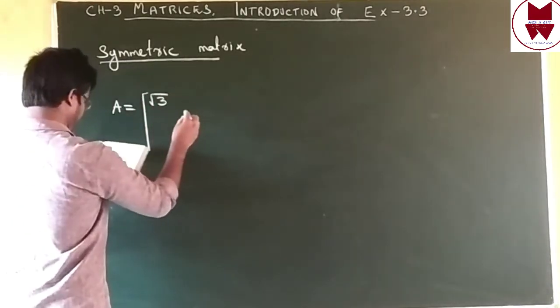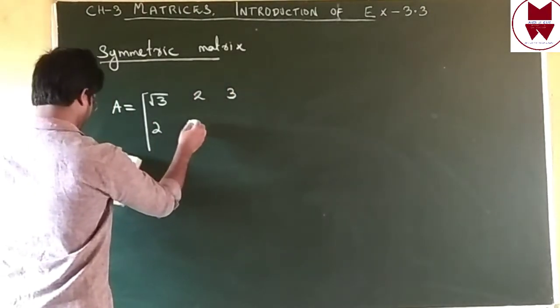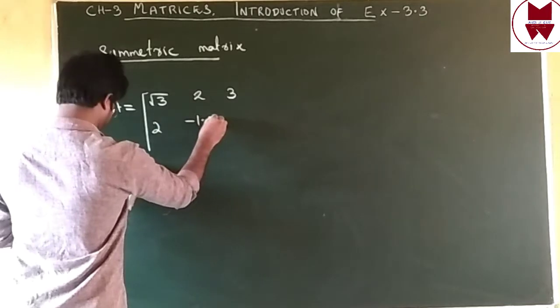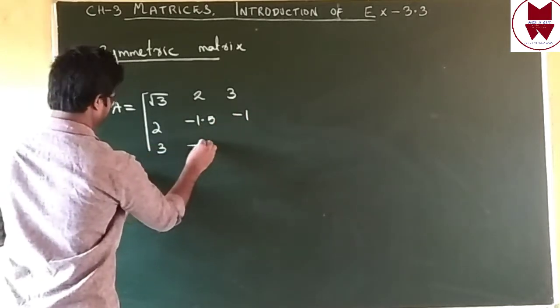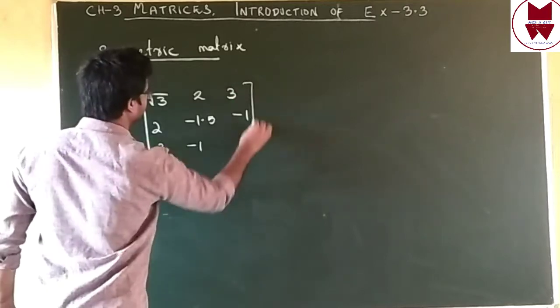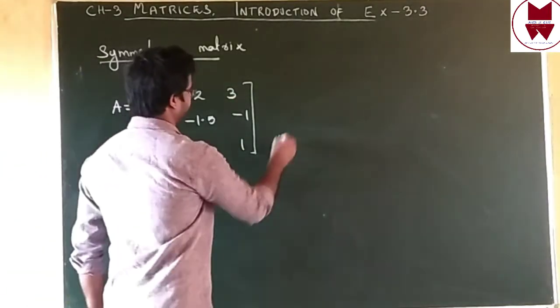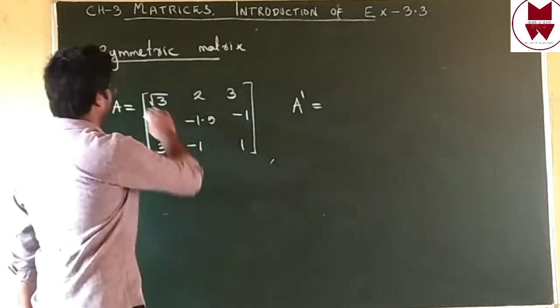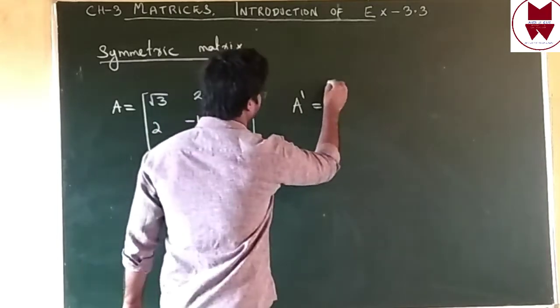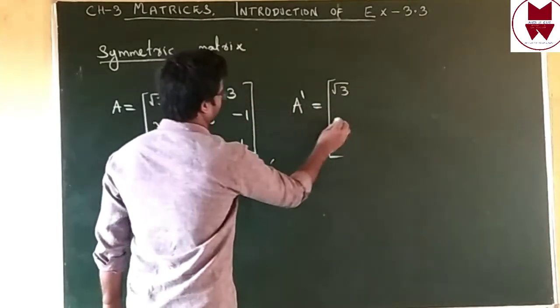Root 3, 2, 3, 2, minus 1.5, minus 1, 3, minus 1. Take the transpose of this matrix, A transpose, making the first row the first column: root 3, 2, 3.